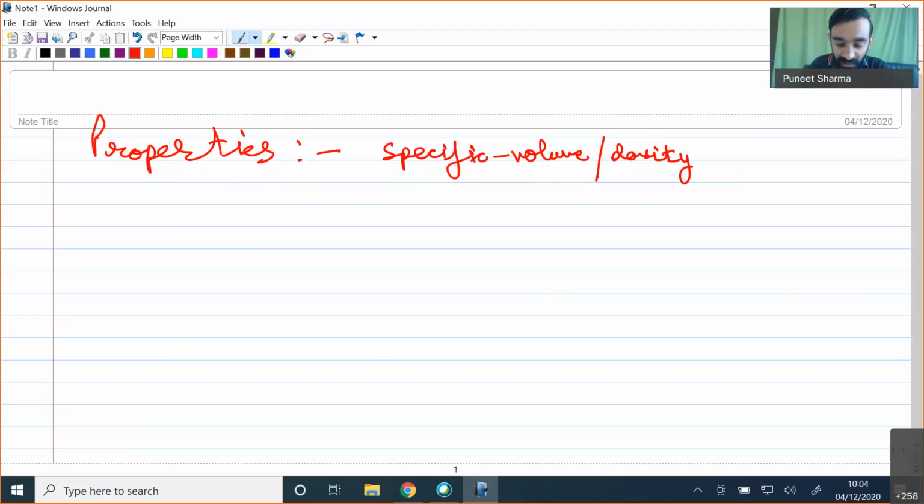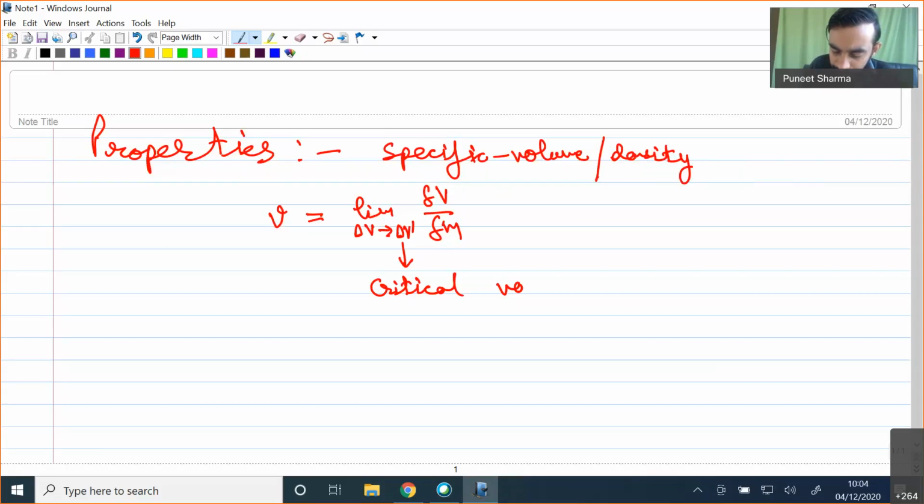After that, we have seen that for specific volume, when we are writing small v, definition is limit delta v approaches to delta v dash, delta v divided by delta m, where delta v dash is the critical volume above which assumption of continuum is valid.